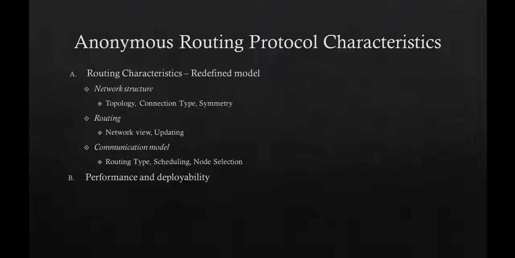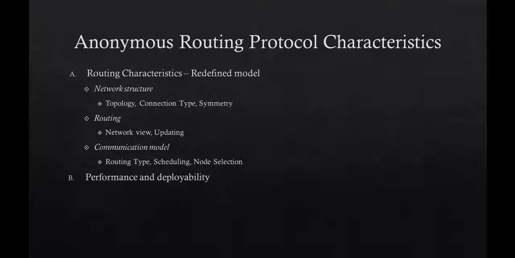Not all of these characteristics are important for AC routing. In overlay networks, which are a common design option for many AC networks, the communication model is not appropriate. Design choices for anonymous routing protocols are inspired by this taxonomy, so it has been remodeled as below.